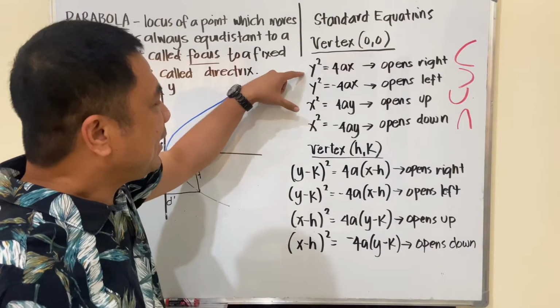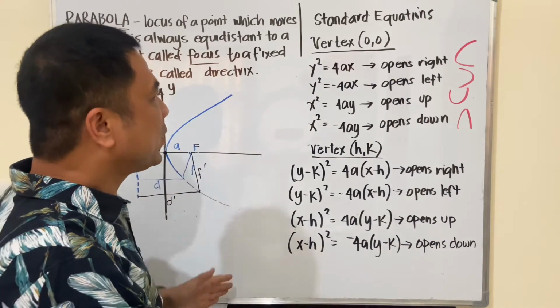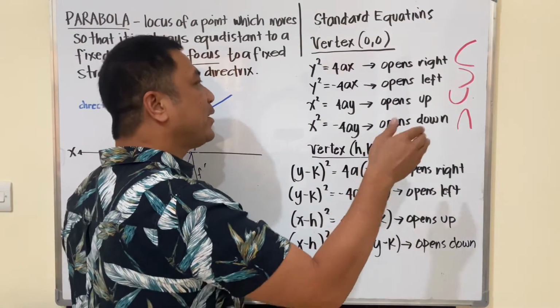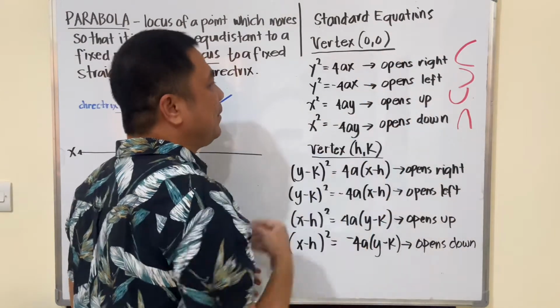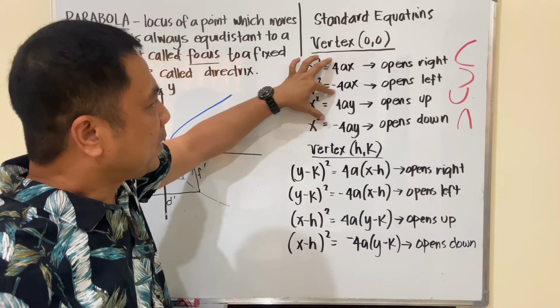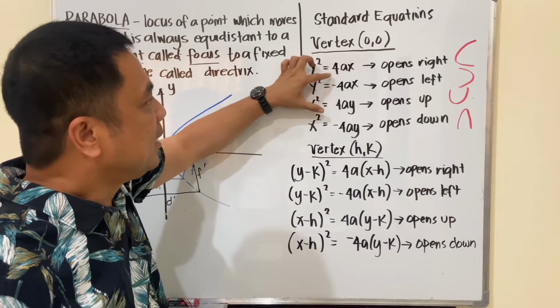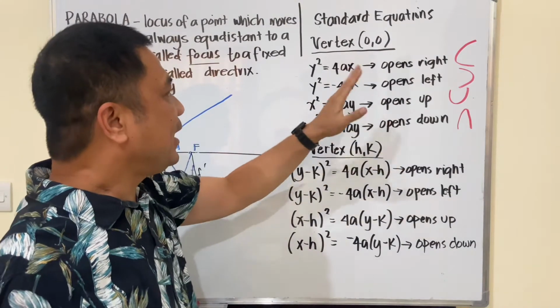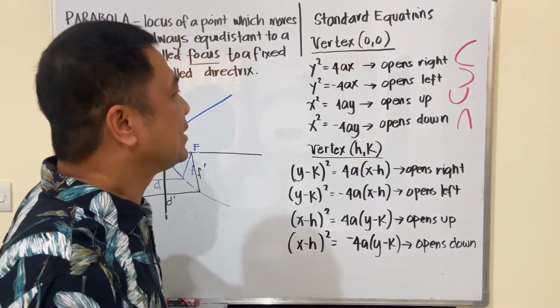Bear in mind that if your y is being squared, it means your curve is either opening right or left. You just have to identify the sign before your 4a here. If it's positive, it opens to the right. If it's negative, it opens to the left.